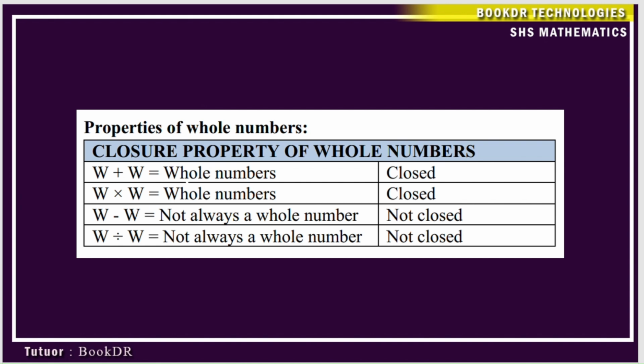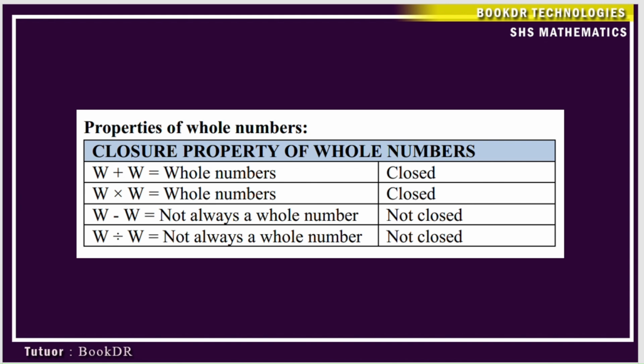A whole number plus a whole number will always give a whole number, so it's closed. A whole number multiplied by a whole number will also yield a whole number, so that is also closed. But under subtraction, a whole number minus another whole number will not always yield a whole number, so that is not closed.